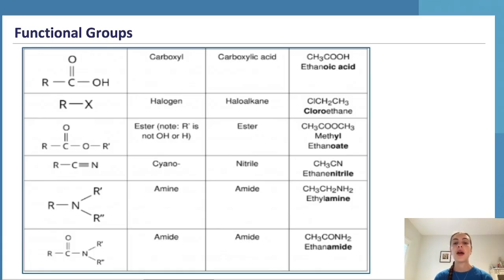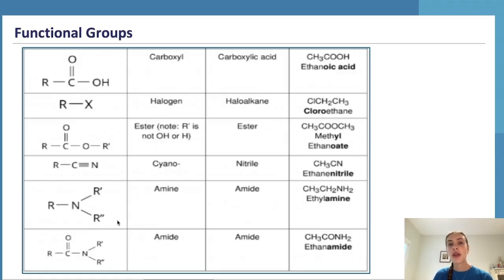For example, if we're looking at something like ethylamine, only 1 of the hydrogens from the NH3 molecule has been replaced by a carbon chain. So we've got a CH3, then CH2, 2 carbons long along this section here, and then bonded to a nitrogen, and then there'd be a hydrogen bonded here and a hydrogen bonded here.